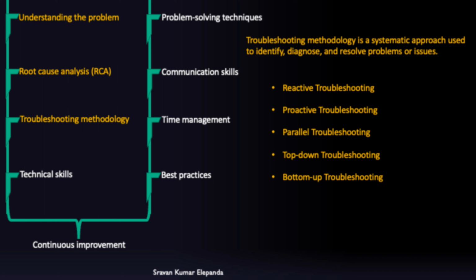What is reactive troubleshooting? As I mentioned, reactive troubleshooting is the most widely used because most enterprises have reactive monitoring. The problem is identified and resolved after it has occurred. That means once the issue has been raised, you work to resolve it. I would say this is because of the monitoring capabilities they had, or because of the systems we have, which might be legacy.